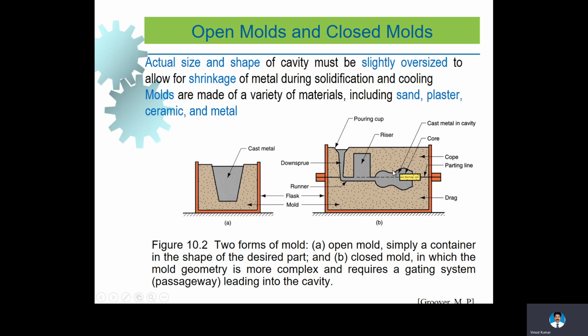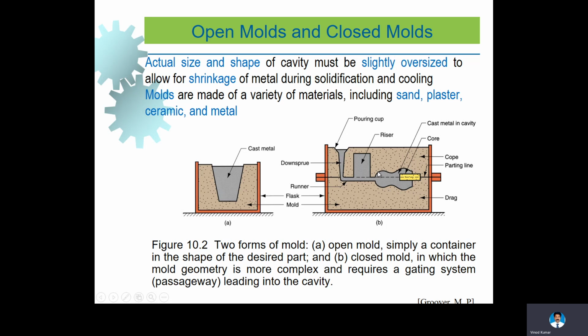So in a casting, if we want to produce a pulley, then we have to make a pattern made up of wood or metal, and then this pattern can be used for making the castings. So if you see here, we need to produce a particular product having a particular shape like this.